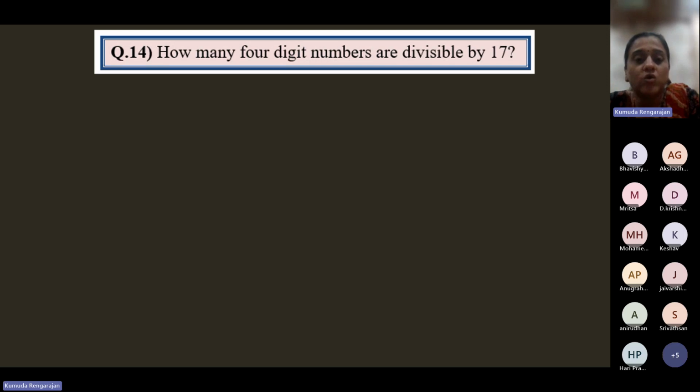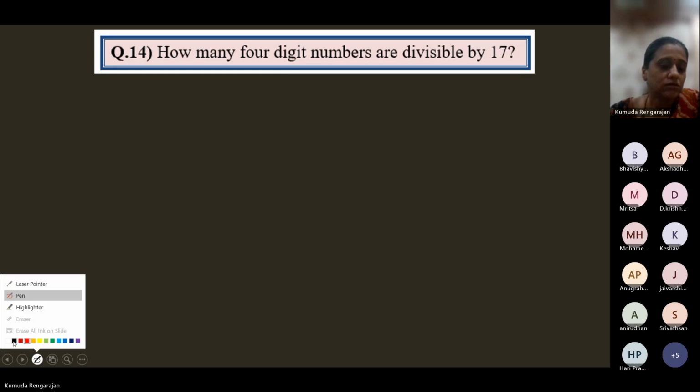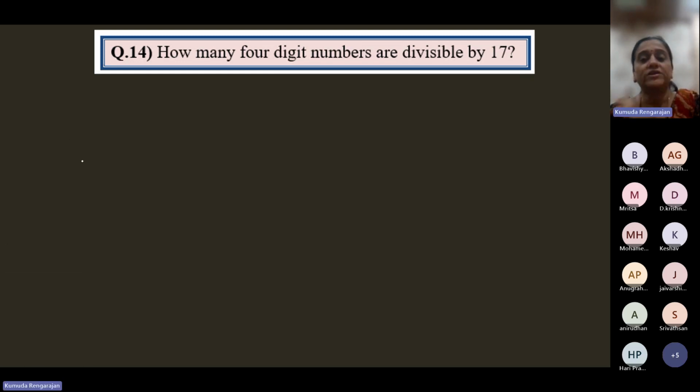So the next question is, how many 4-digit numbers are divisible by 17? You need to find the first 4-digit number divisible by 17 and the last 4-digit number divisible by 17. So you have to generate the AP.